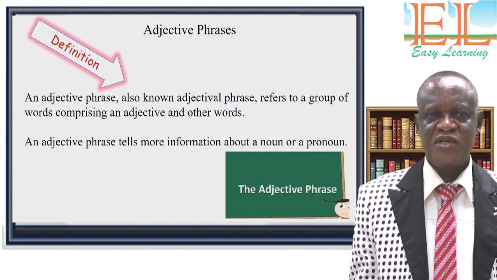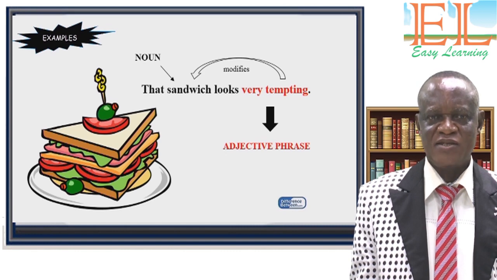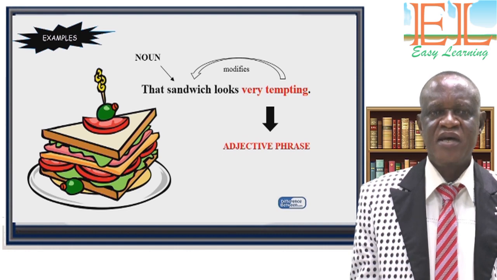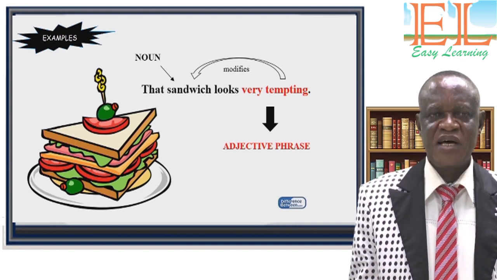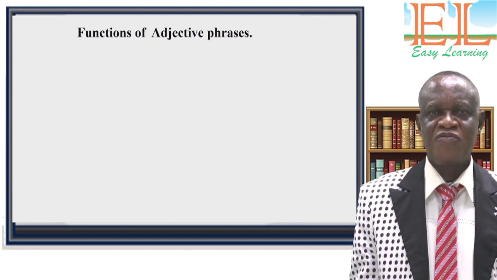Now let us look at the picture here. We have a sandwich, which looks so inviting. And in the sentence, that sandwich looks very tempting, the adjective phrase here is very tempting. The noun is sandwich, and the adjective phrase very tempting is modifying the noun sandwich. We shall now turn our attention to the functions of adjectives.